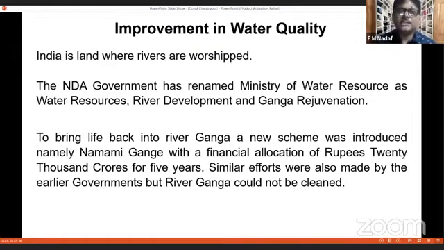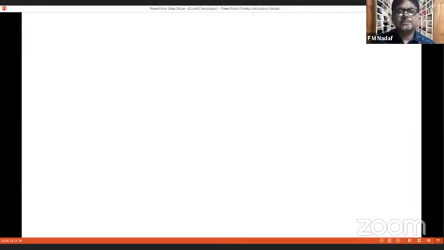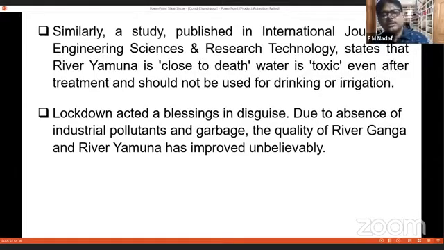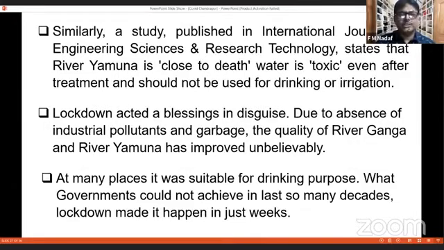So this is the magic of the lockdowns because of COVID-19. This study appeared in the Journal of Engineering Science and Research Technology, which states that Ganga, Yamuna, and all the other rivers have improved unbelievably in terms of their quality.